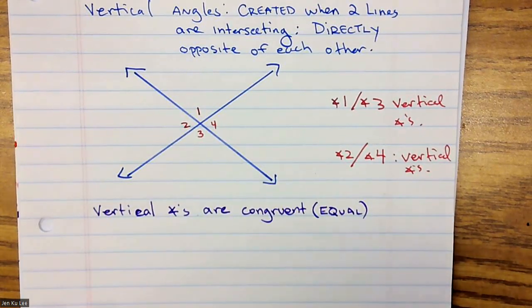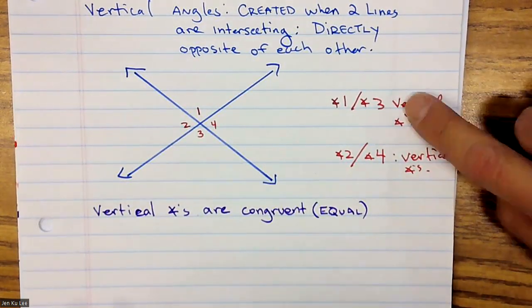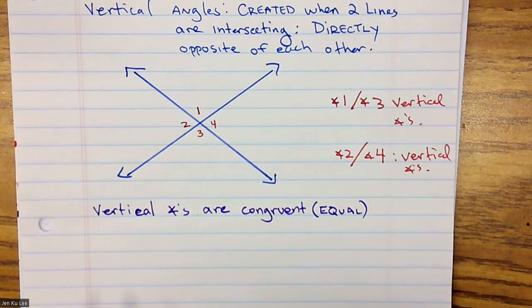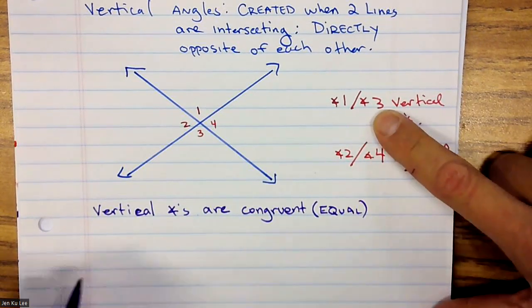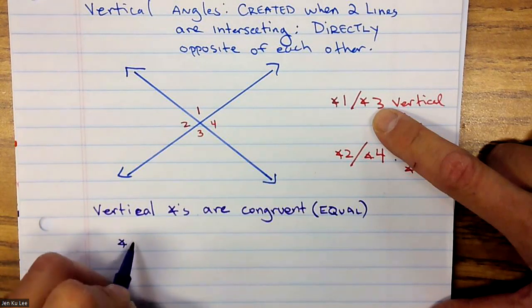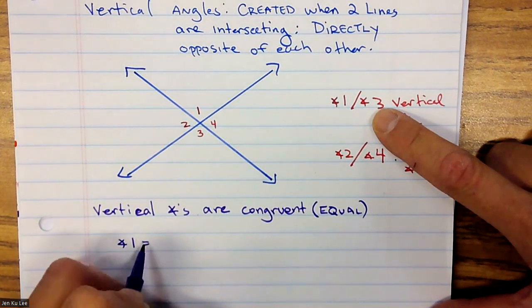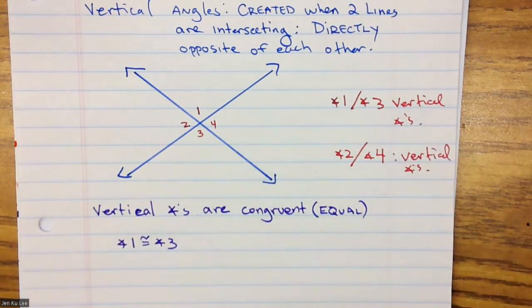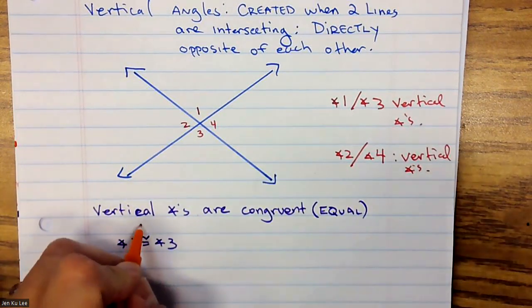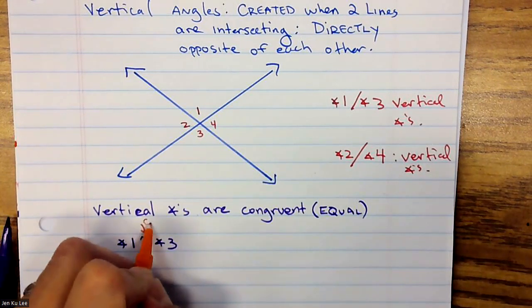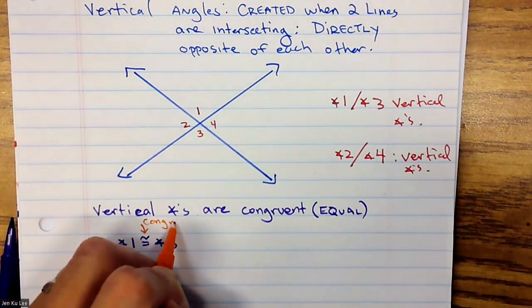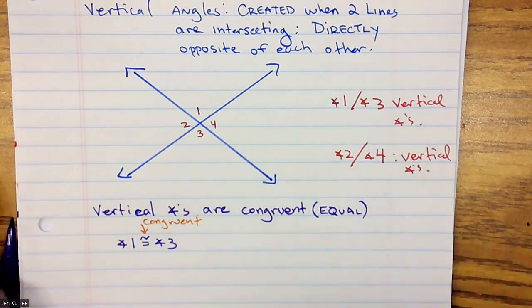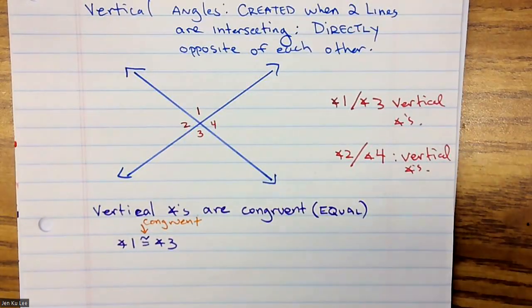So I'm going to take one pair of vertical angles and informally prove it. Angle 1 is congruent to angle 3. This symbol here just means congruent, like an equal sign with a wavy line on the top.